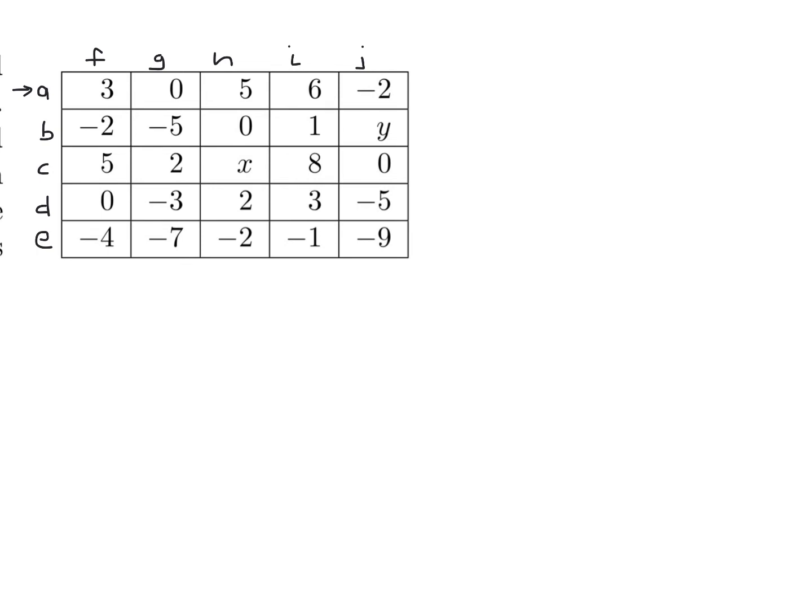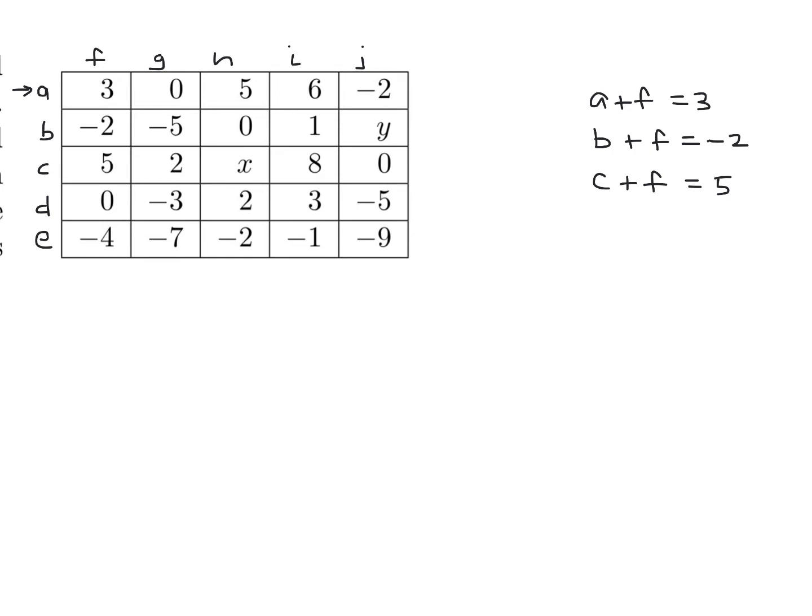So for example, the 3 was obtained by adding A plus F. You see what I mean? The negative 2 was obtained by adding B plus F. We have no idea what A is, what B is, what F is, but I just wanted to show you. Similarly, C plus F would be 5, and so on, right?